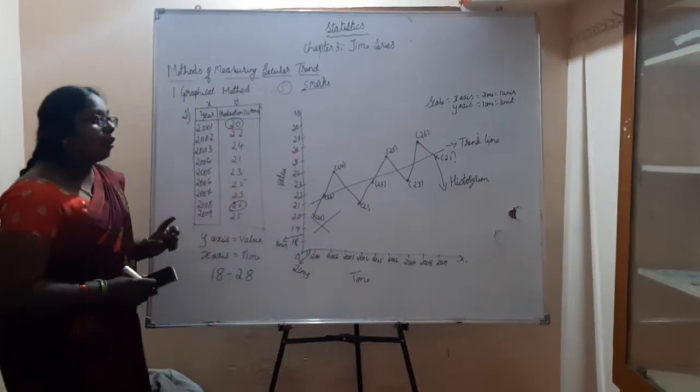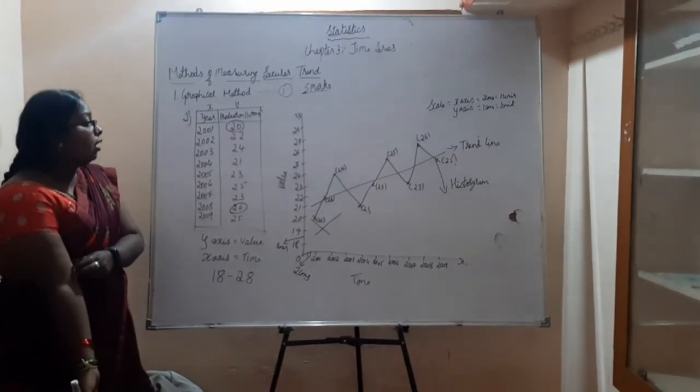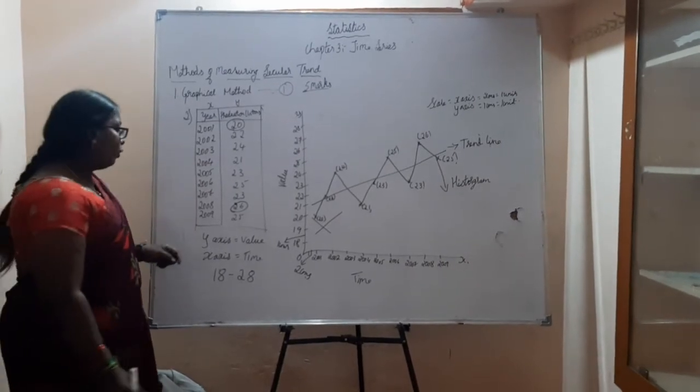So I will do one example problem which is not there in your textbook. We will give an example for a downward curve.